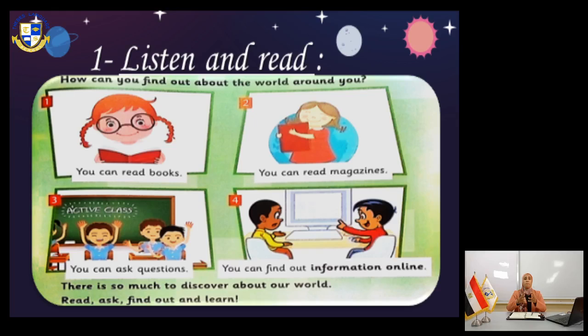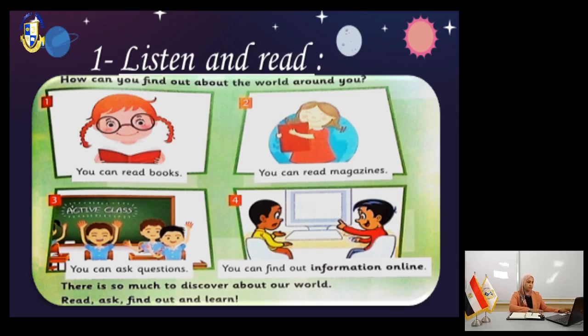So I have many ways, many means to get information about anything around me, whether about the world around me, about astronomy, about sports, about any field I want to know about. Whether by reading books, reading magazines, asking people who are older than me, or finding out information online.